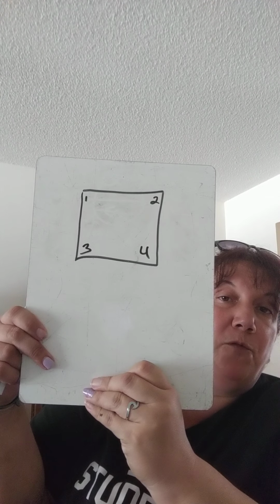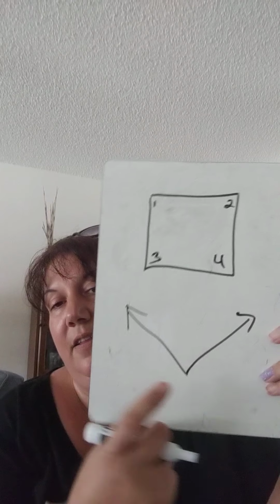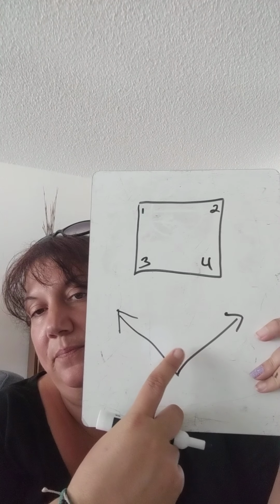I'm going to number them for you so you can see where the angles are: 1, 2, 3, 4. Those are where the 4 angles are. So if I connect any two rays, they form an angle.